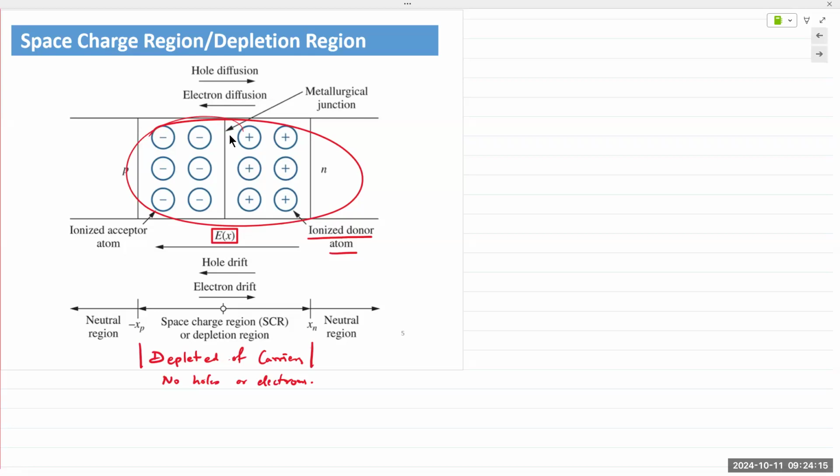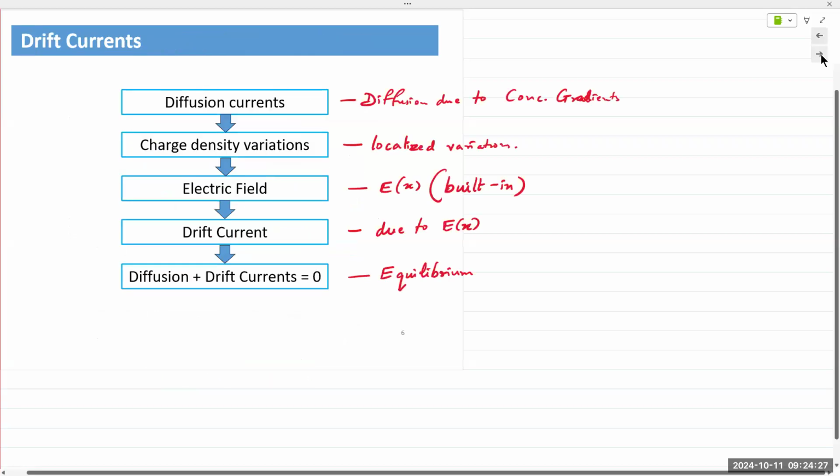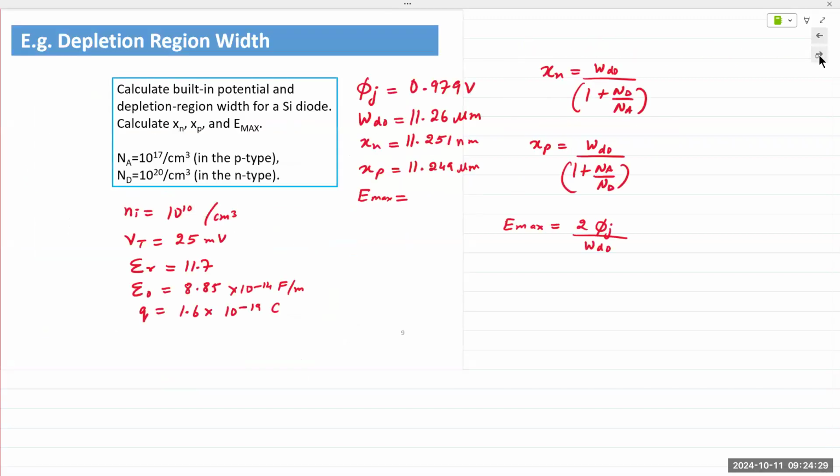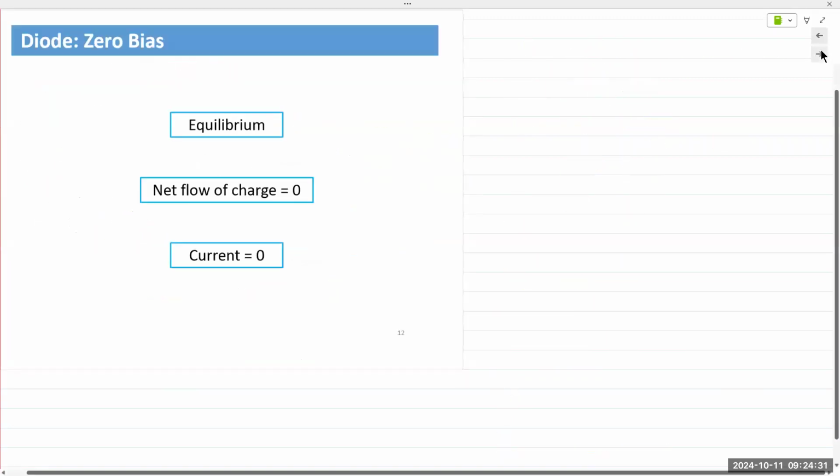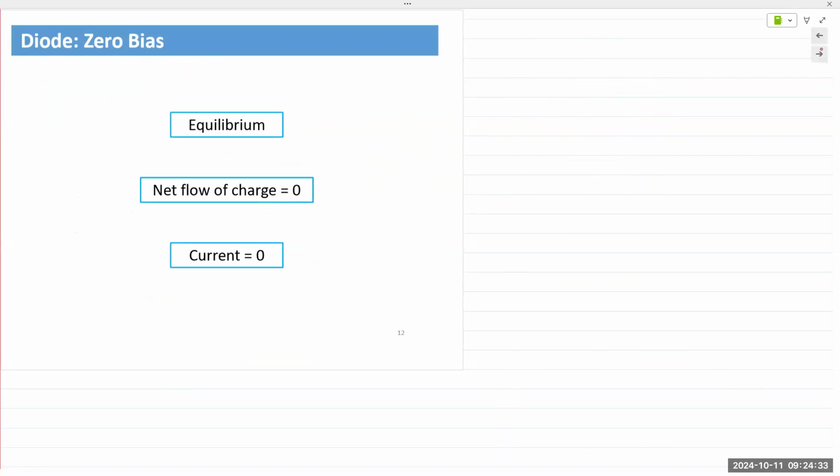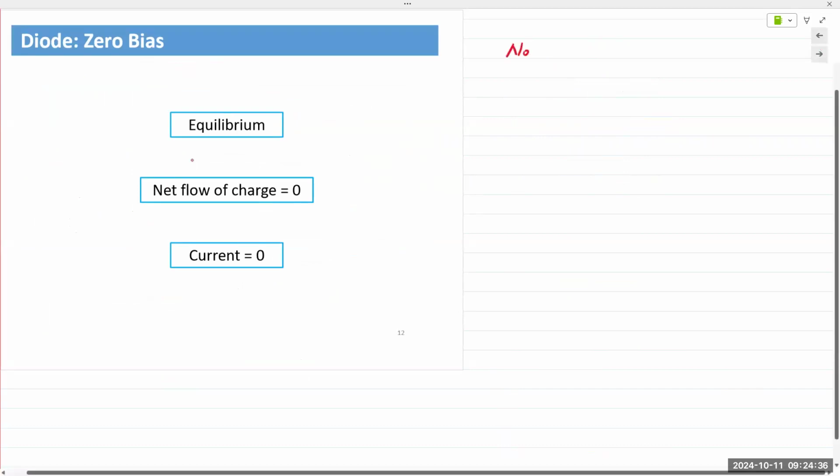There is no external energy, meaning there is no external bias applied. Bias simply means applying DC voltages to your device. So zero bias simply means the state where a PN junction is formed and no external energy is applied. There's no external voltage.